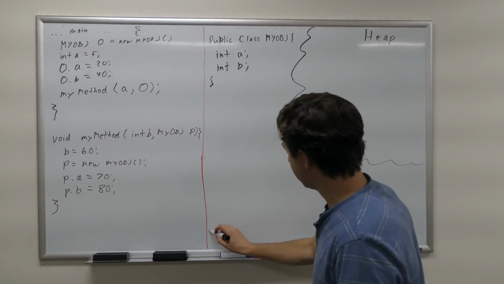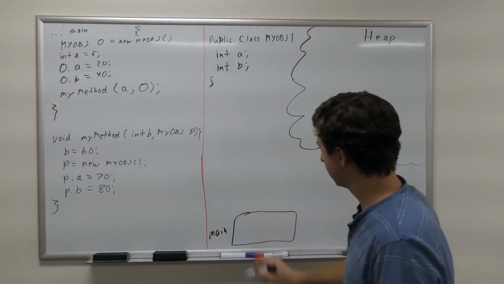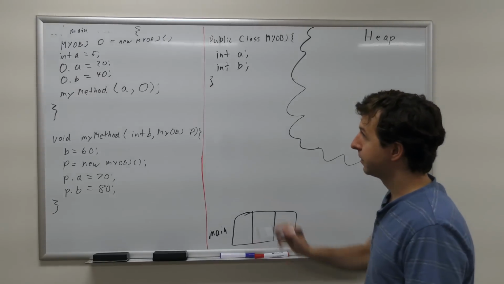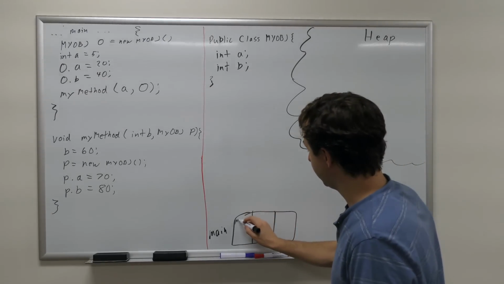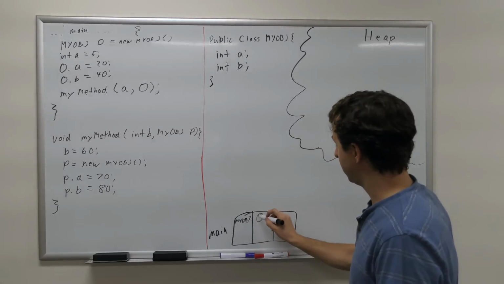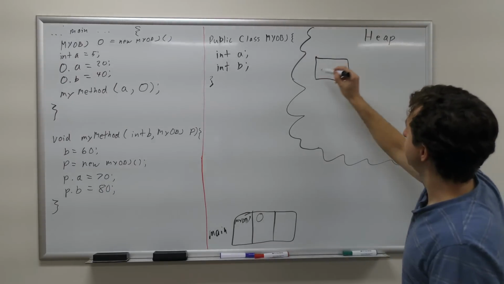So, start the main method. Create our entry on the stack. First thing, create a variable of myObject. Its name is O, and it is assigned to a new myObject instance.